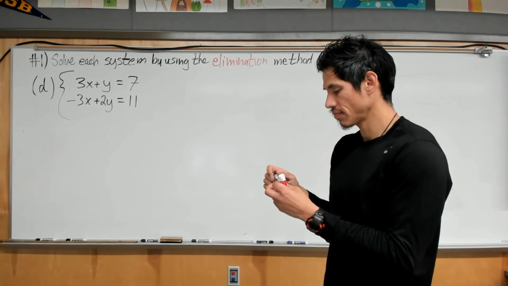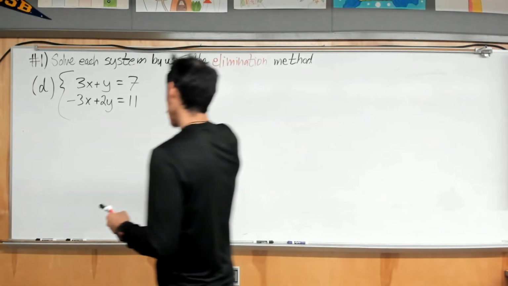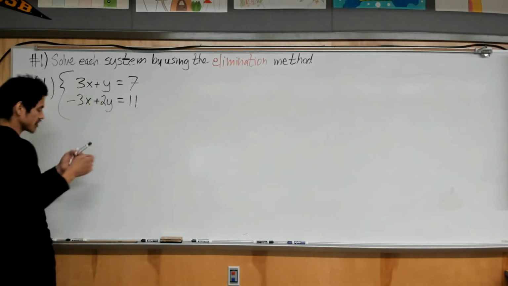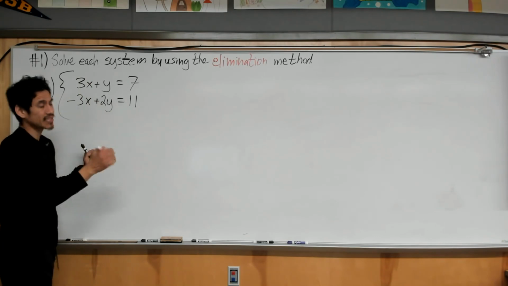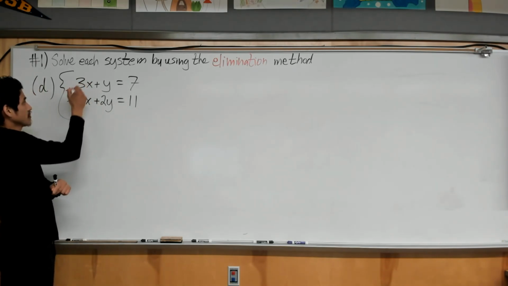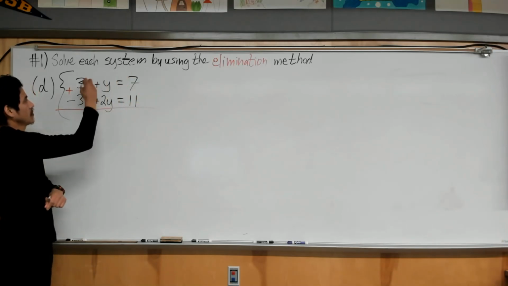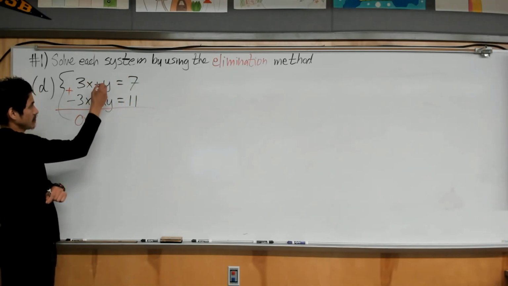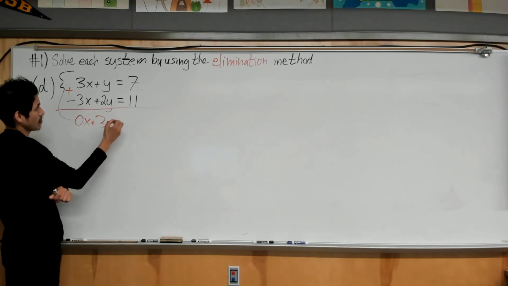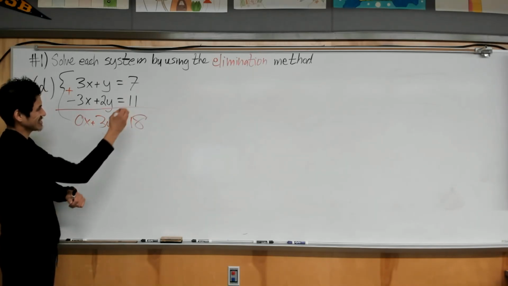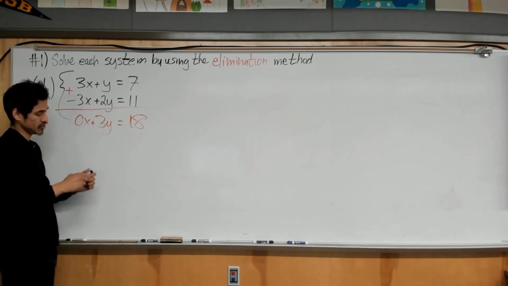Because you can see these are opposites. So you can just add these equations because 3 plus negative 3 will give you 0x, 1y plus 2y, 3y equals 18.